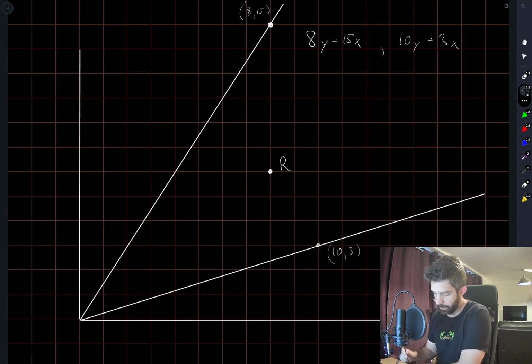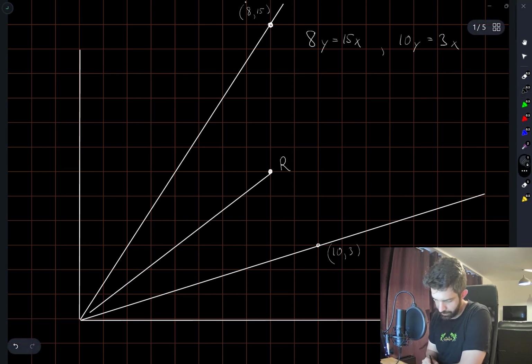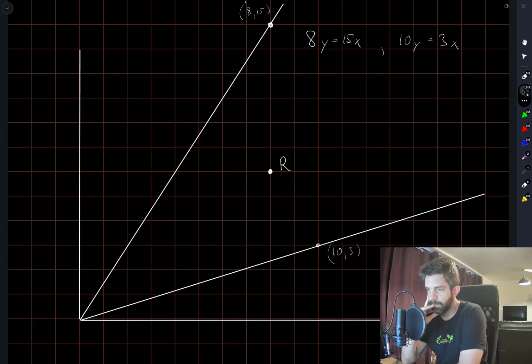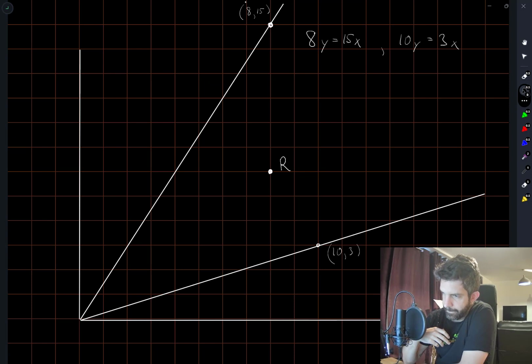One way to do this geometrically might be to connect R to the origin like that, but that won't necessarily bisect these things. Let me think. Oh, you know what?